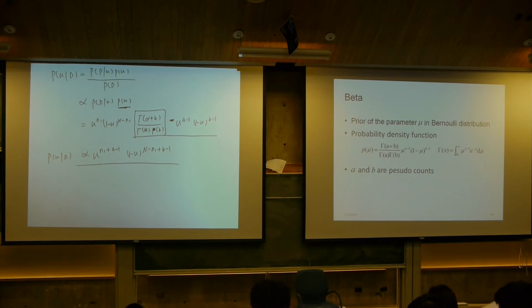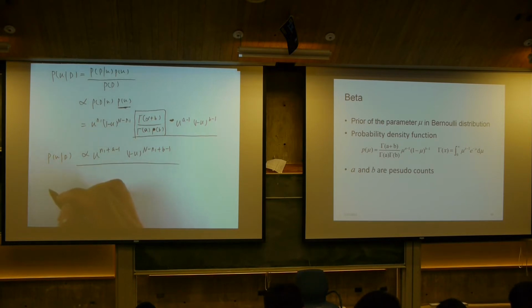So if we introduce a prior probability of mu with the beta distribution, we get that the posterior of mu given the data set is like this. Similarly, we maximize it with respect to mu.